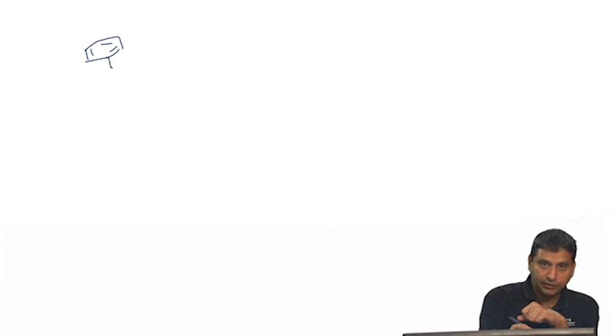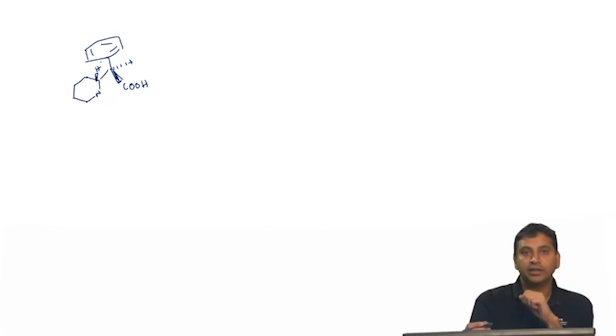So, to draw out some of the metabolites, let us draw the structure of this molecule once again. For example, if the ester is undergoing hydrolysis, you will end up with COOH, and the rest of the molecule remains the same. Okay.